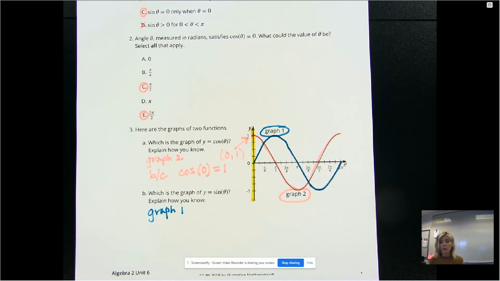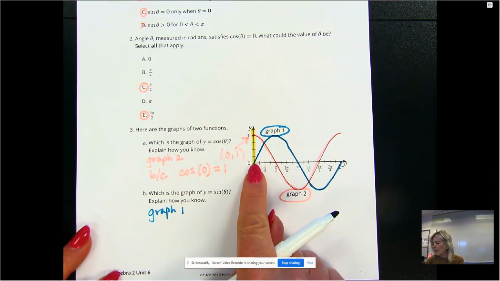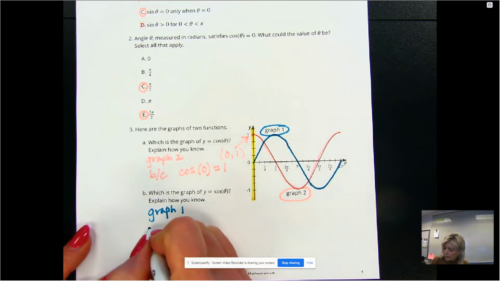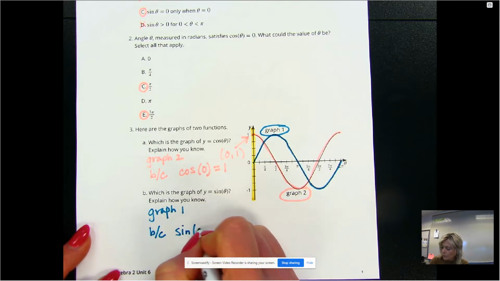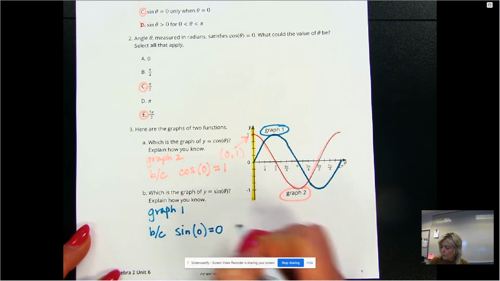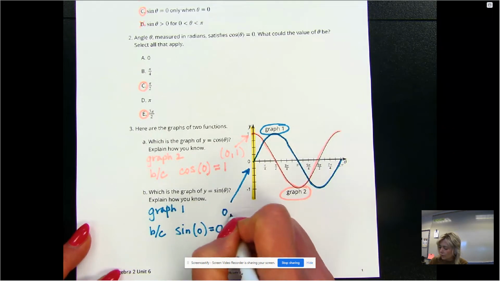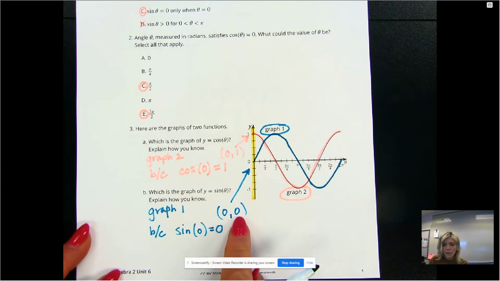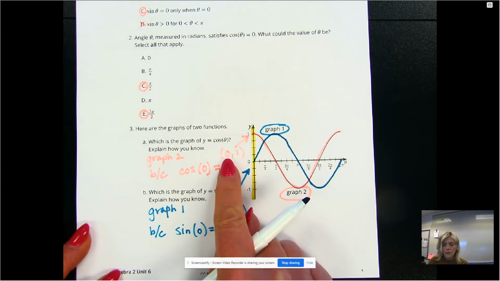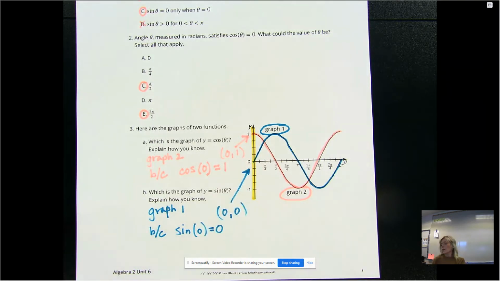Is it starting at 0 or is it starting at 1? Since this one is starting at 0, that's how I know it's sine, because the sine of 0 is equal to 0, and this point right there is 0, 0. When theta is 0, the sine of theta is 0. When theta is 0, the cosine of theta is 1. Okay? All right.